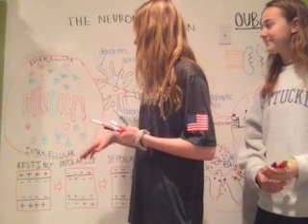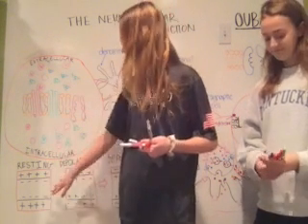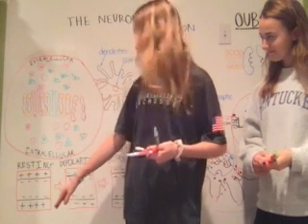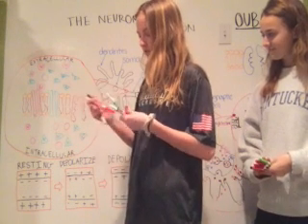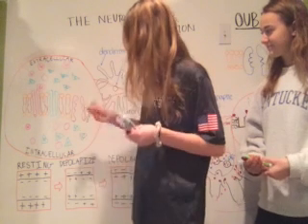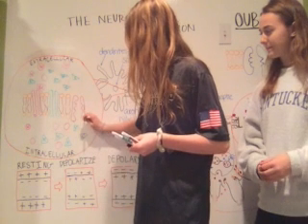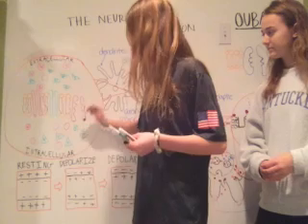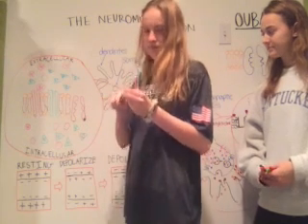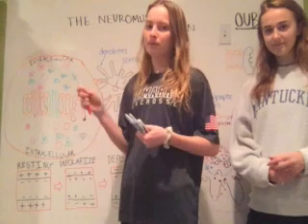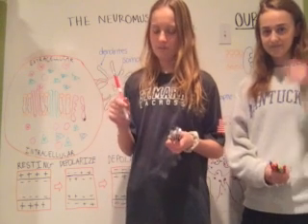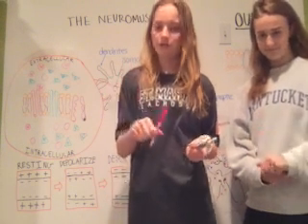All right. Then, to restore resting membrane potential, which is negative 70 millivolts, the sodium-potassium pump needs a little bit of ATP to get to work. The sodium-potassium pump uses active transport to push sodium ions and potassium ions across the membrane against the concentration gradient.